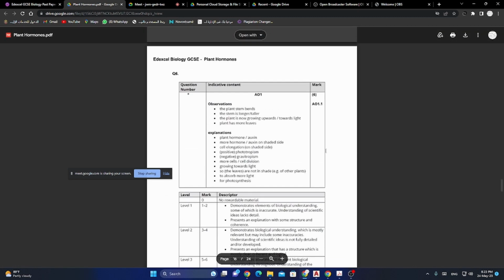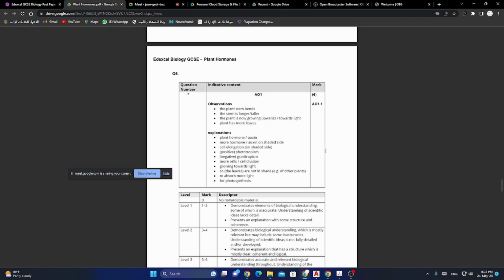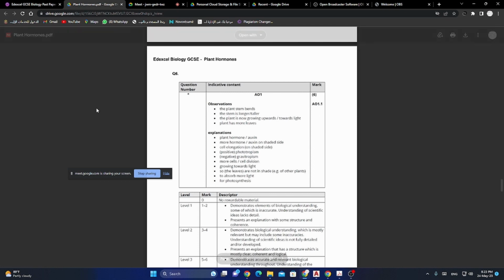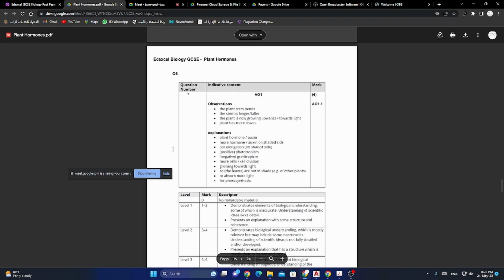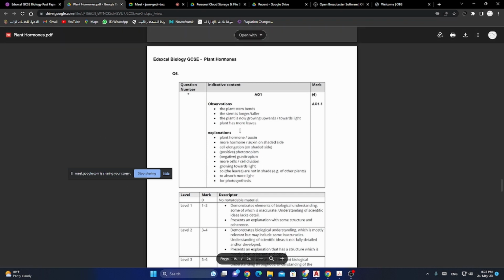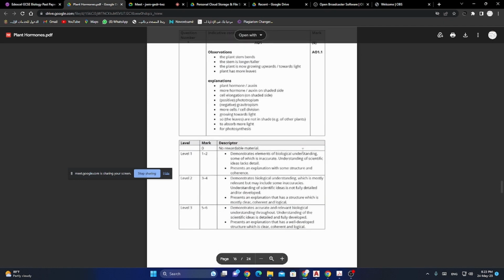Yeah, that's something I guess that you observed, but that has nothing to do with phototropism or geotropism. Then explanation: auxin, shaded area, elongation, phototropism, negative geotropism, more cells growing towards the light. Leaves are not in the shade, to absorb more light. Photosynthesis. We've basically said more than the six points that they needed, so it's fine.